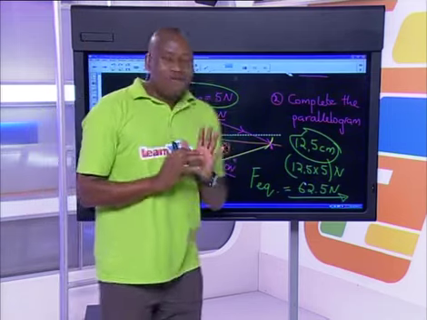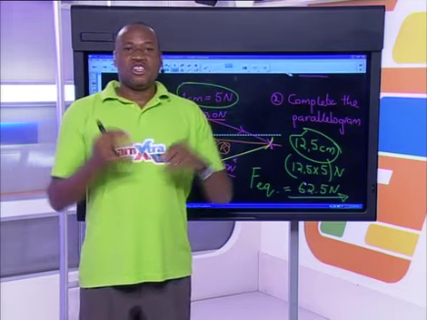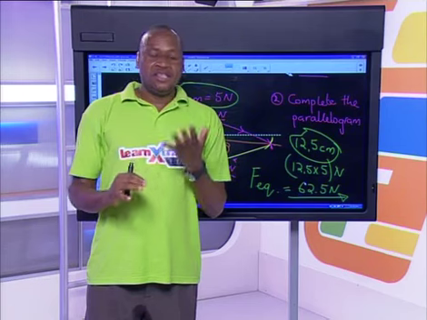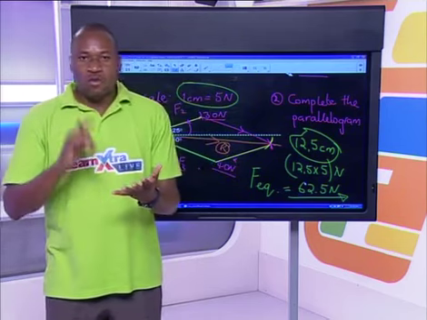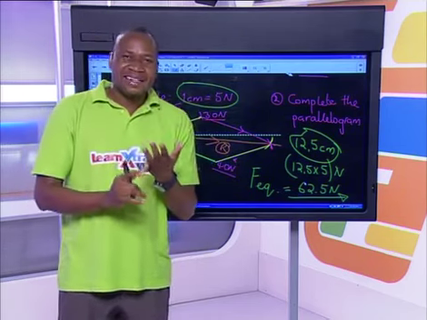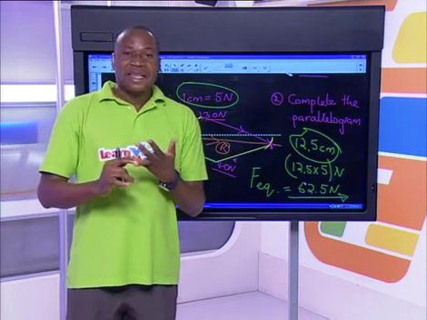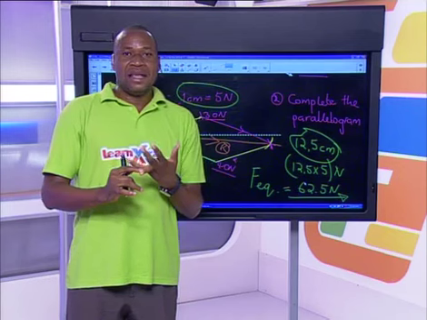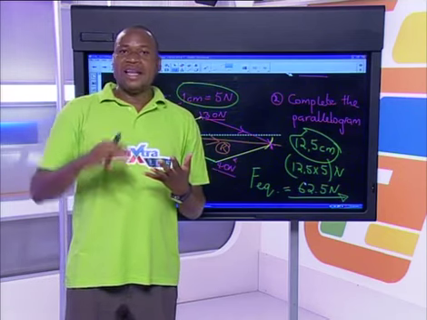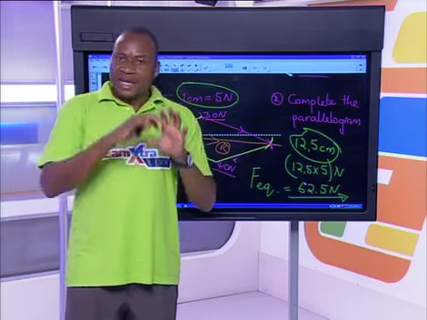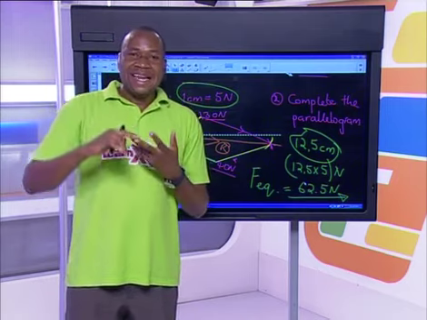Now, I cannot overemphasize the fact that with construction, there are stages that you need to follow. Let me summarize it by saying this. One, make sure you come up with the right scale. Practice how to come up with the right scale. Two, make your measurements according to your scale, making sure that your angle is accurate. Remember, with your protractor, getting your angles right.